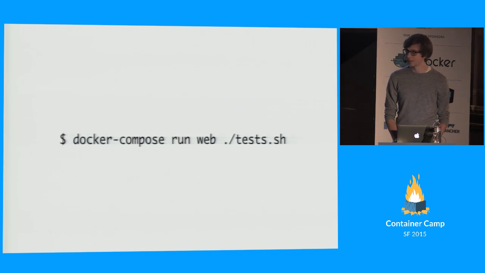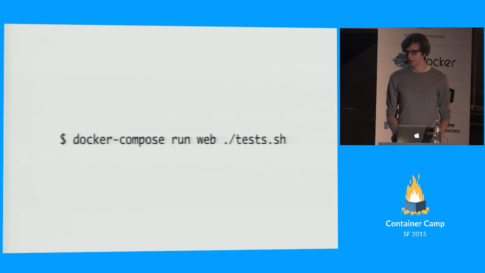Essentially the idea is that there's this Compose command called run, which will run a specific command in the context of a Compose application. And it's pretty much like running your development environment, but on your CI system. So the big advantage of Compose is that it packages up all of your application's dependencies, including all of the other services like databases and message queues and that sort of thing.